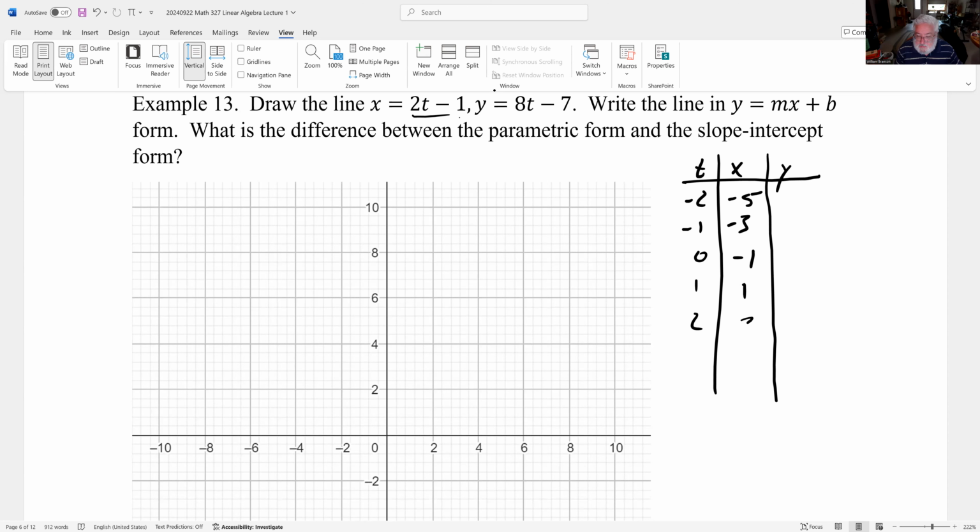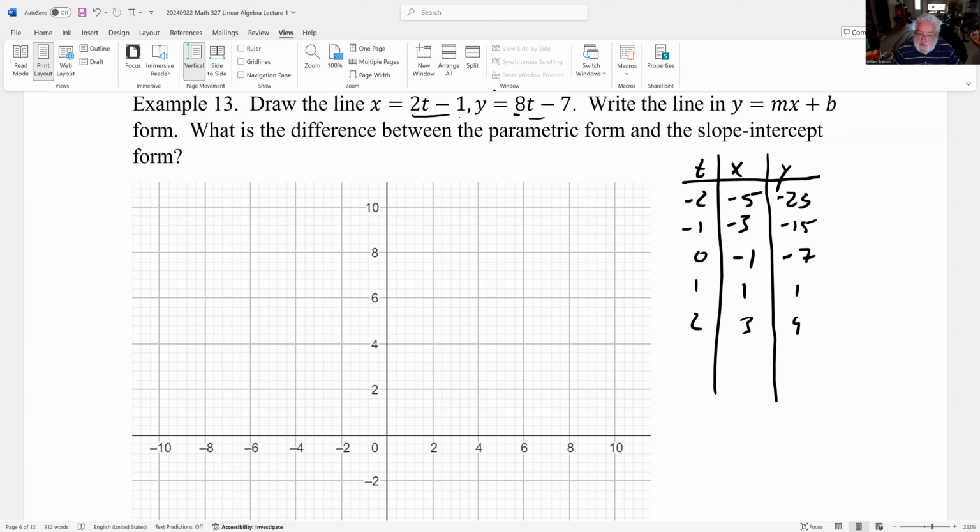This becomes 1, this becomes 3. What about y? If you plug in t equals -2 for y, you get -16 -7, which is -23. Slope is 8, so we're going to increase by 8 each time. So this would be -15, -7, 1, and then 9. 16 minus 7 is 9.